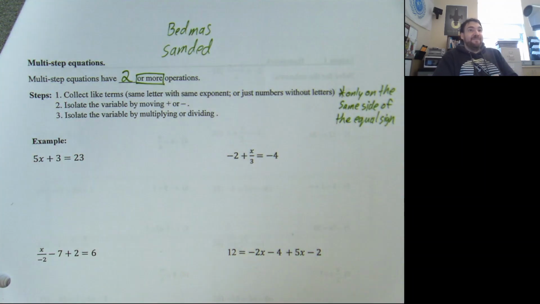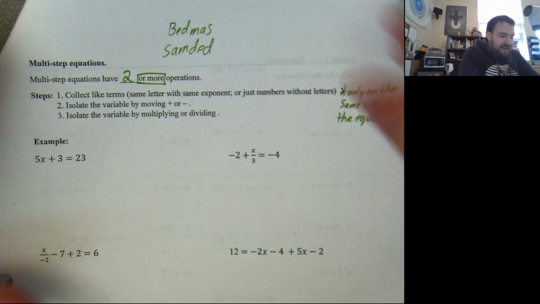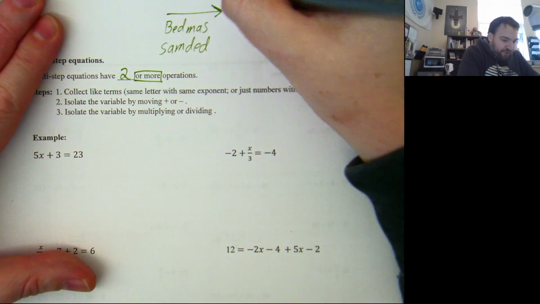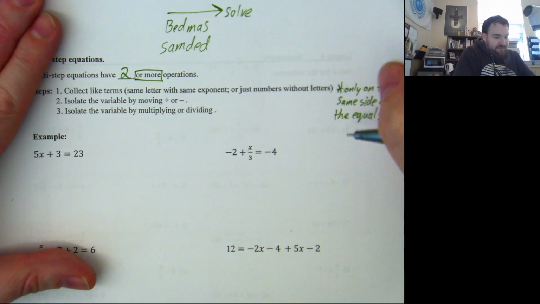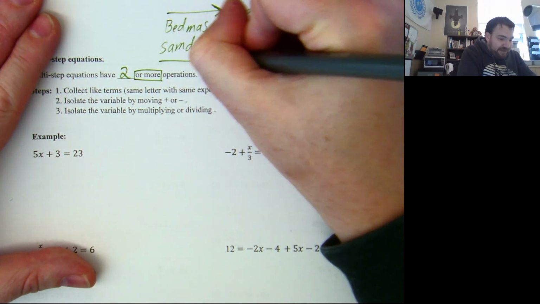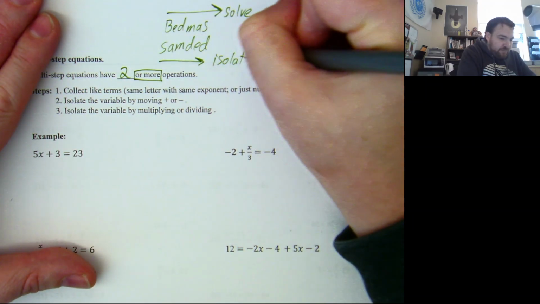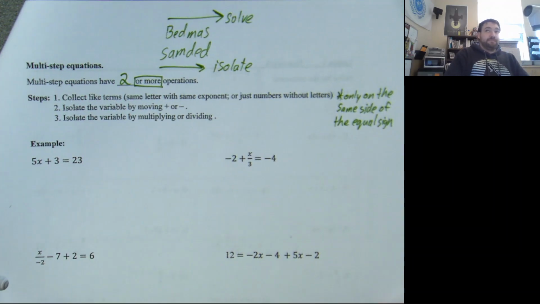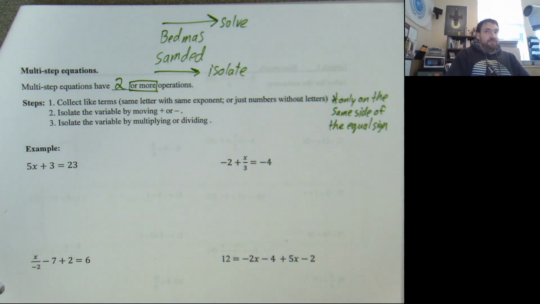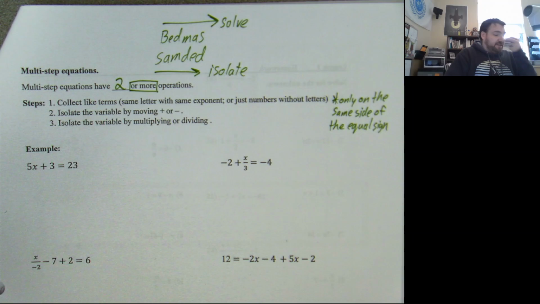Okay, this is what we were doing to solve earlier. This is what we're doing to isolate, going backwards. So let's do a couple examples of what that looks like.